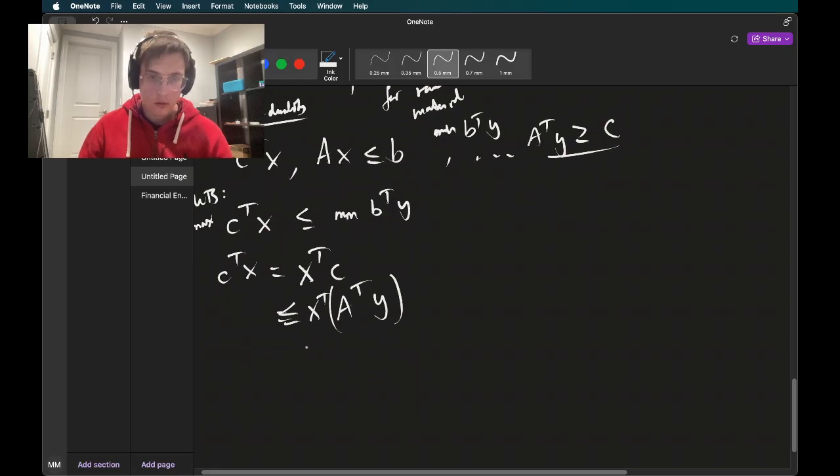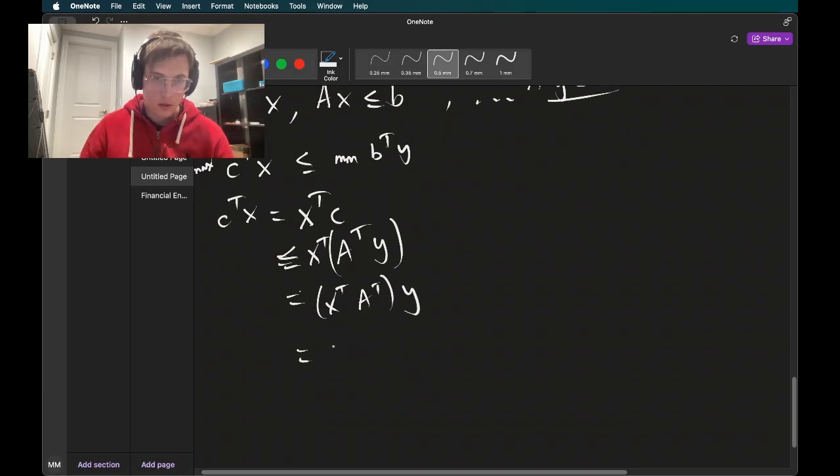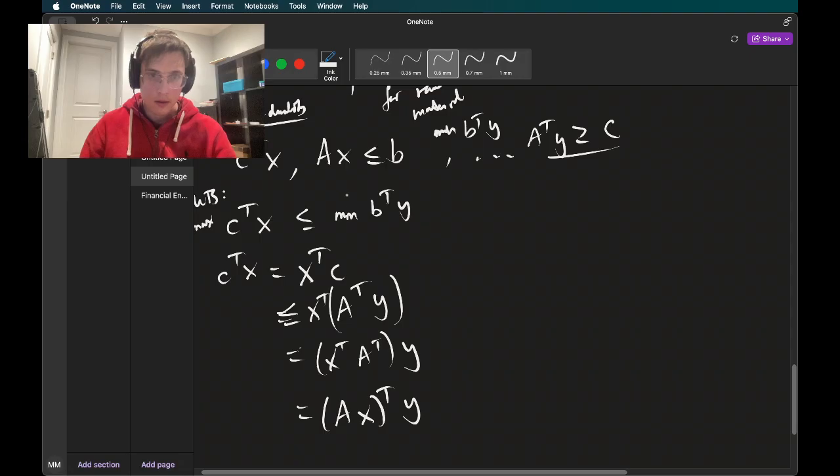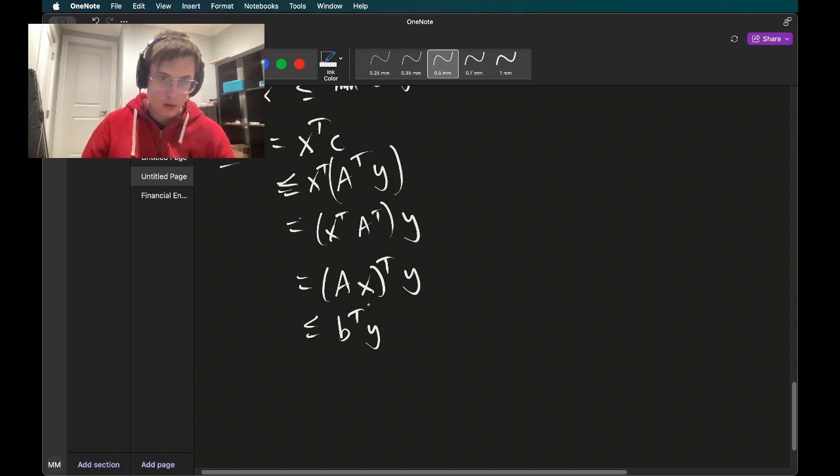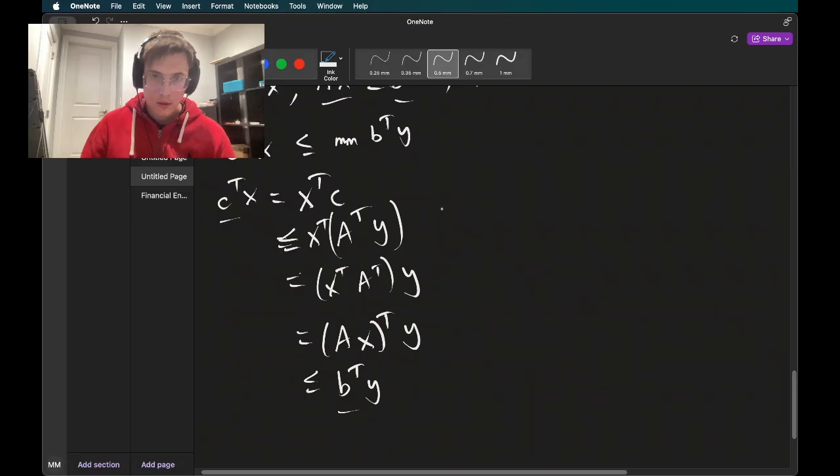Then, according to associativity of matrices, this is equal to, instead, multiplying these first two, and then according to the definition of transpose, (Ax) transpose y. And then, given that Ax is less than or equal to b, this is less than or equal to b transpose y. And this holds true for all c and b. Therefore, the maximum is less than or equal to the minimum. And that's the end of our proof.